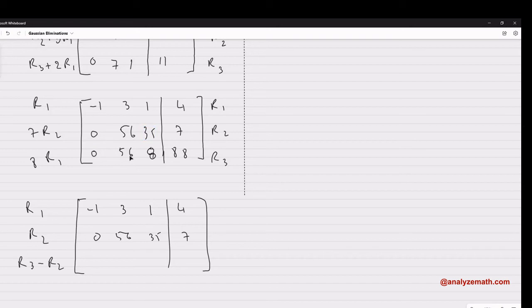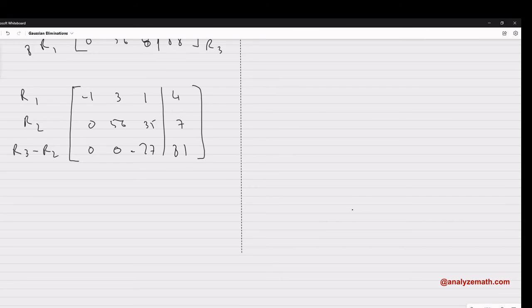So 0 minus 0 is 0. 56 minus 56 gives me a 0 here. 8 minus 35 gives me minus 27. And then 88 minus 7 gives me 81. So now we have the 0 here, the 0 here, the 0 here, and this is called a matrix in row echelon form.